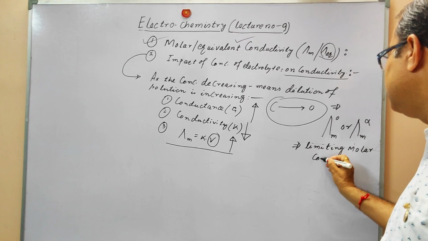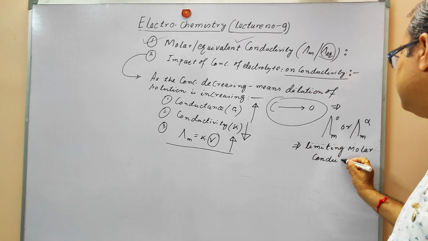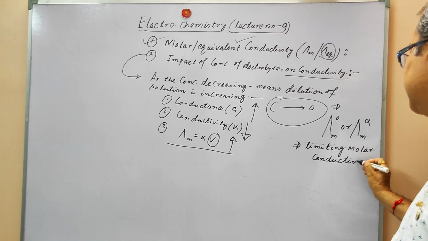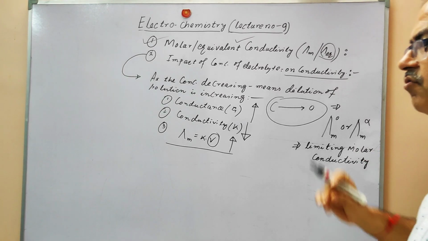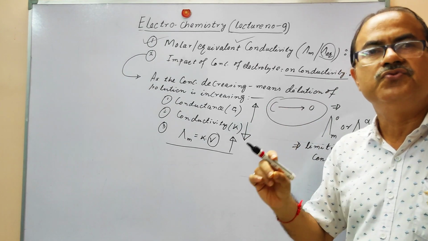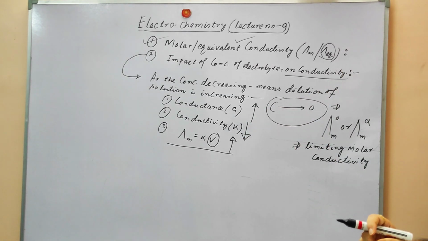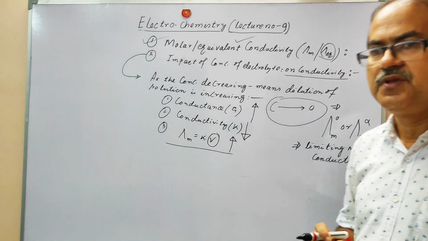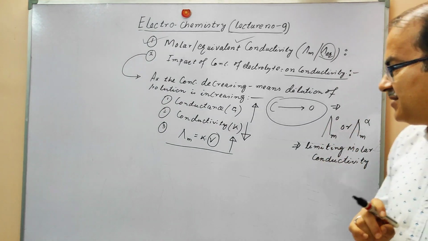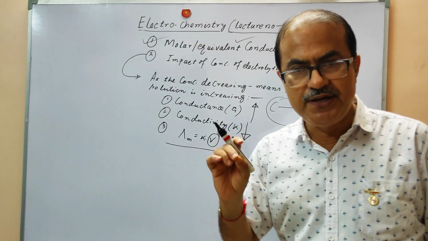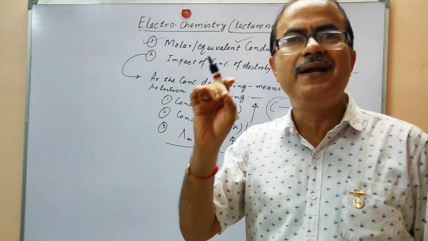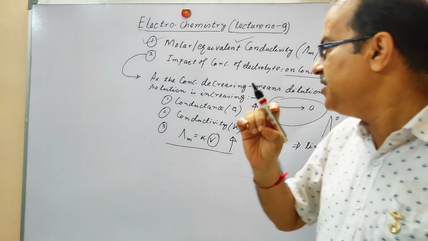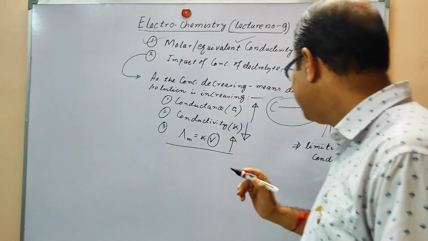Limiting molar conductivity. So we understand what limiting molar conductivity is, where the concentration tends to 0. For the strong electrolyte, we can relate this limiting molar conductivity with the molar conductivity at concentration C with this equation.